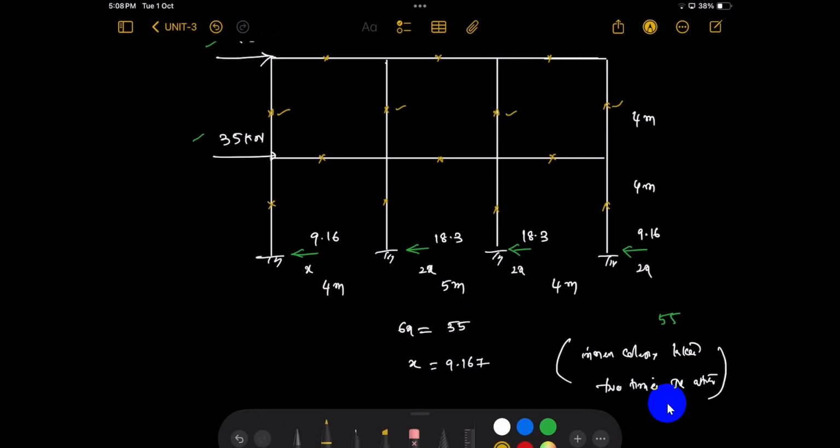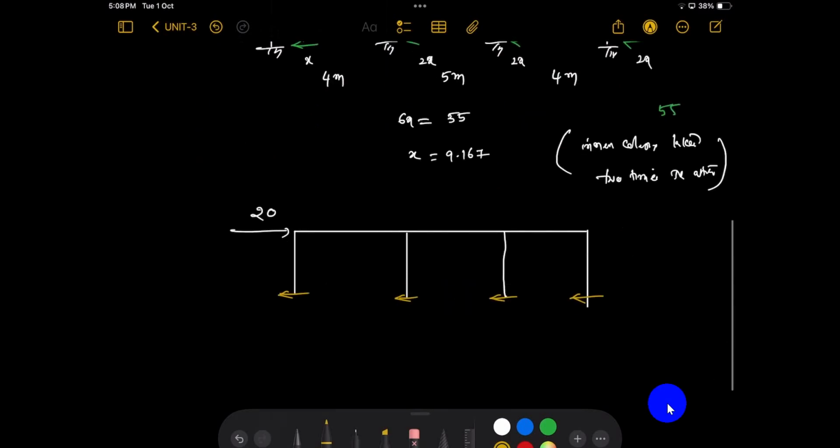There is only transfer of shear, no transfer of moment. The same logic applies here. How much does each one take? 20 divided by 6. That is 3.33, so this is 3.33, this is 6.66, this is 6.66, this is 3.33.